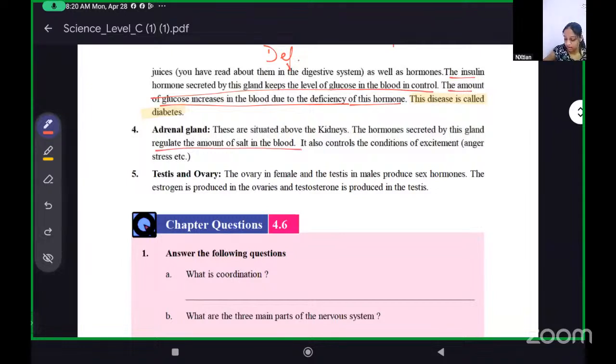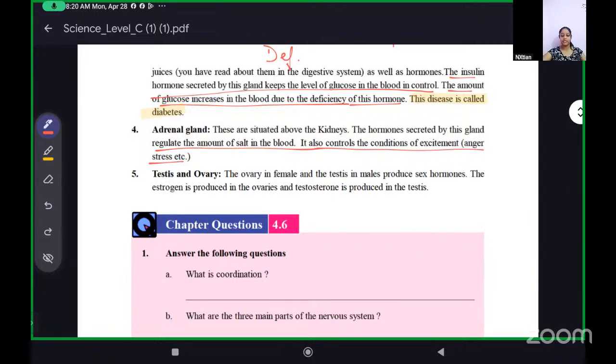It also controls conditions of excitement like anger, stress, etc. If you've heard about adrenaline, it is a hormone secreted in us in extreme situations like anger and fear. So that is the adrenal gland.